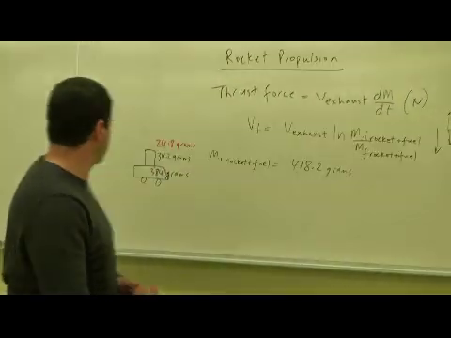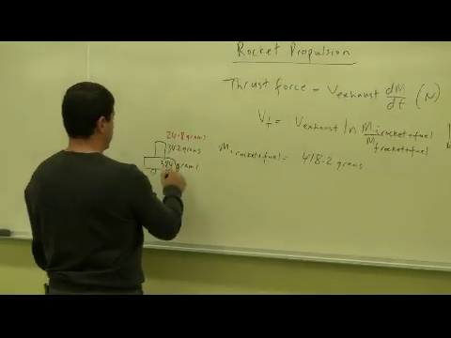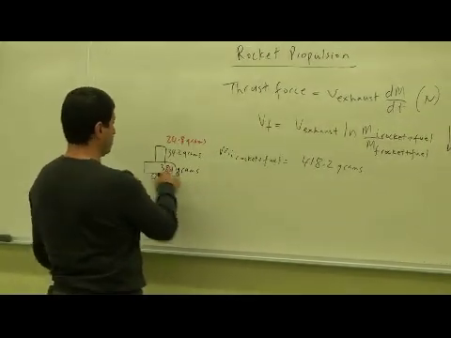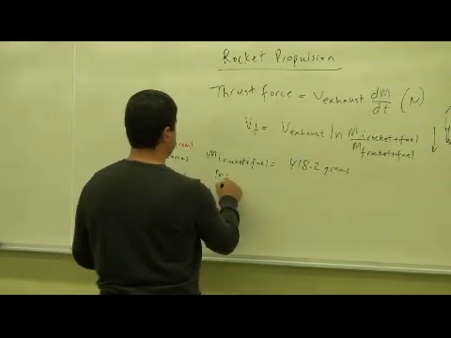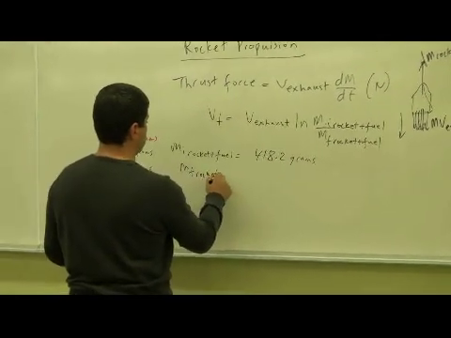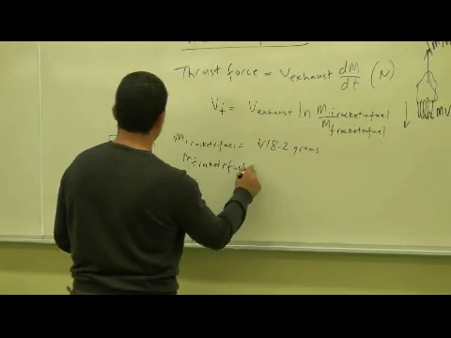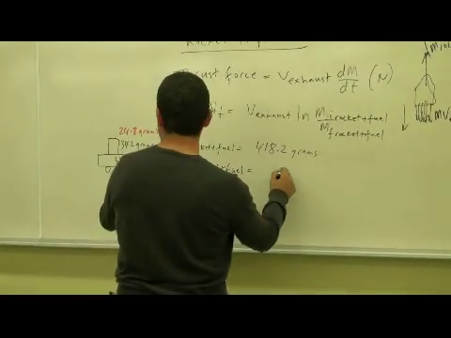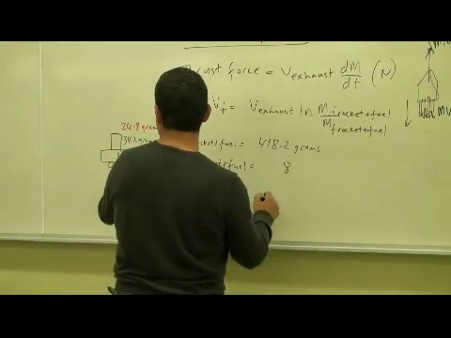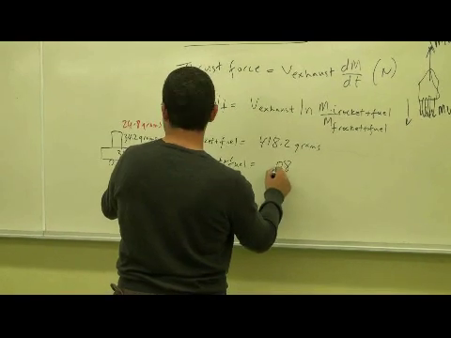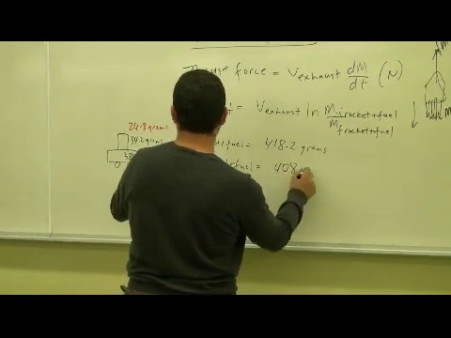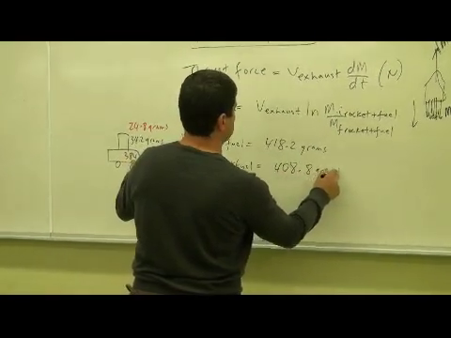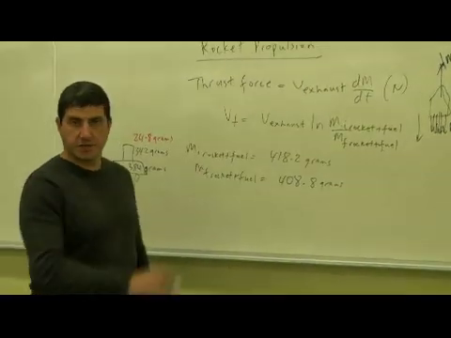So what's the total mass now? 24.8 plus the 384. So the final mass of rocket plus fuel is going to be 408.8 grams.